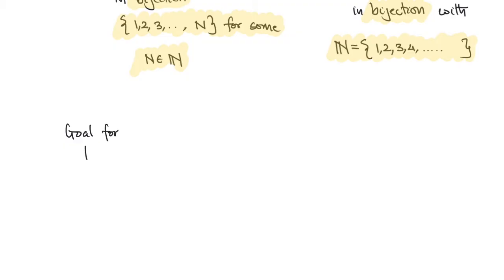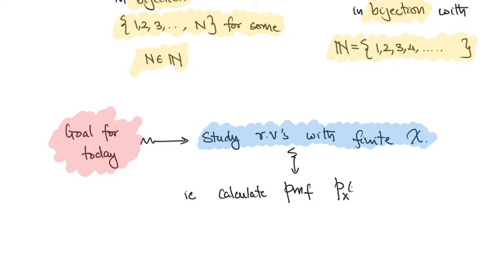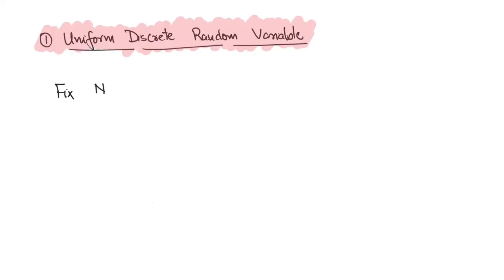The goal for today is to study random variables which have a finite set of values. That is, we want to calculate the PMF, p sub X, the expected values, and the variances of such random variables. The first random variable is the discrete uniform random variable. We fix a capital N in the natural numbers.